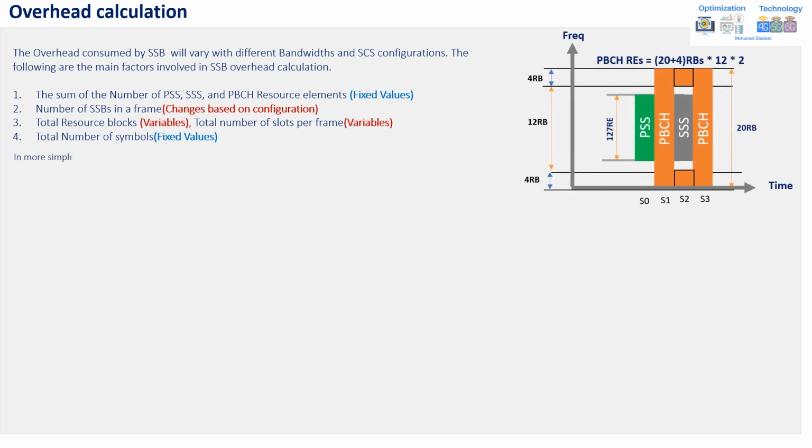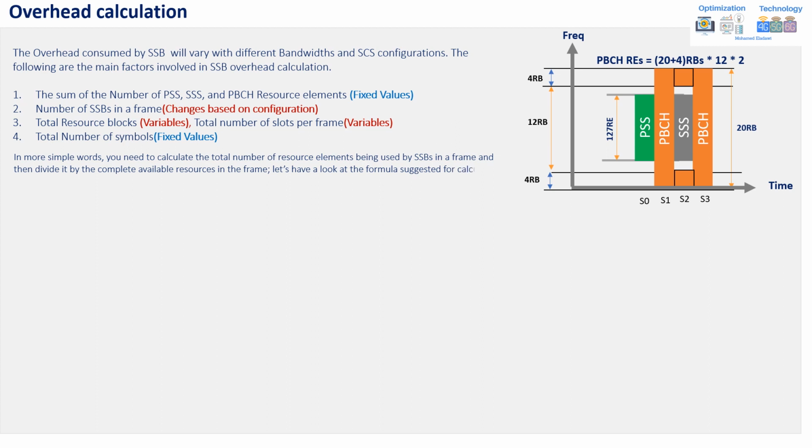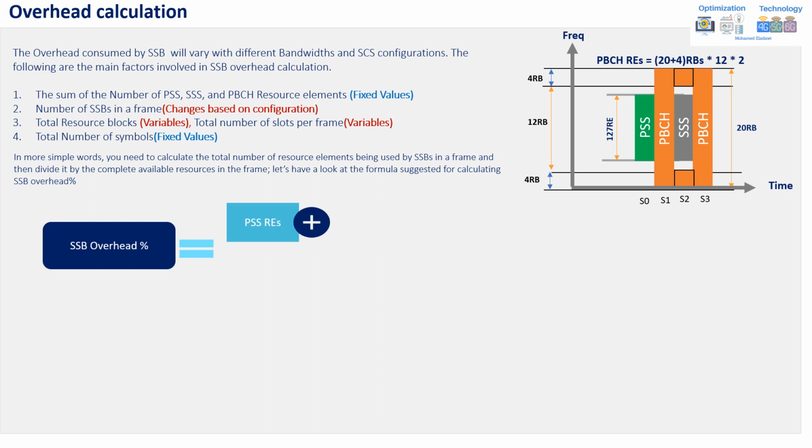In simpler words, you need to calculate the total number of resource elements being used by SSBs in a frame and then divide it by the total available resources in the frame. Let's have a look at the formula suggested for calculating SSB overhead %. SSB overhead % equals primary synchronization signal resource elements plus secondary synchronization signal resource elements plus PBCH REs.